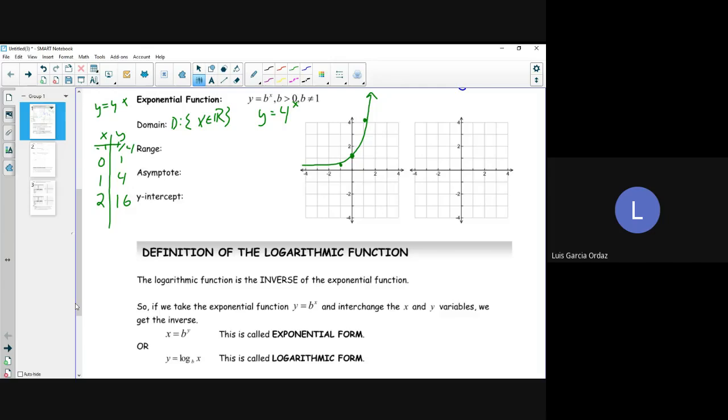What would our range be in this case as well? So y is an element of the real numbers such that y is greater than 1. Thank you, Adam. Not greater than 1, but greater than 0.